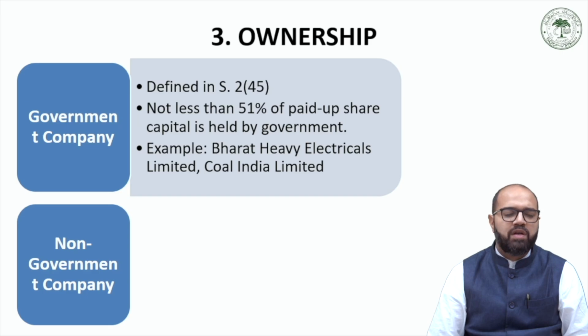According to this provision, a government company means any company in which not less than 51% of the paid up share capital is held by the central government or by any state government or governments, or partly by the central government and partly by one or more state governments. It also includes a company which is a subsidiary company of such government company.